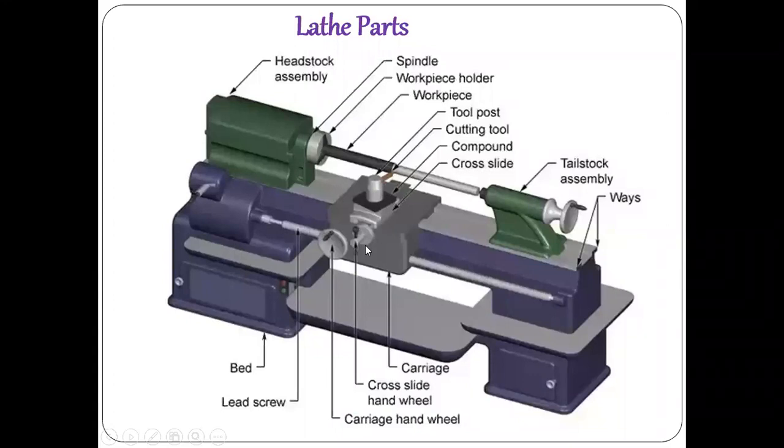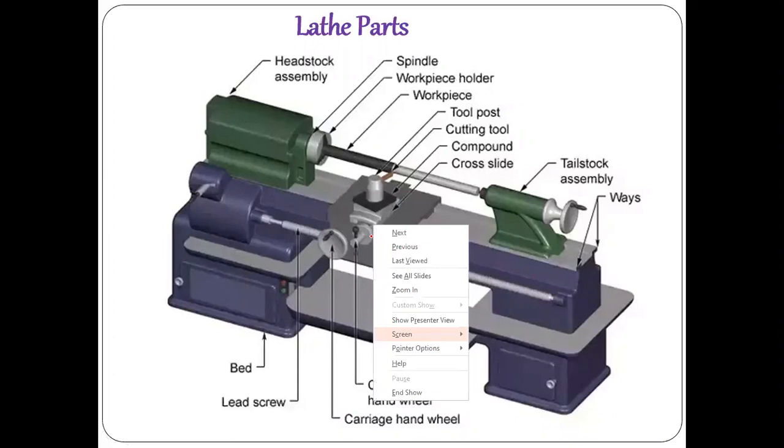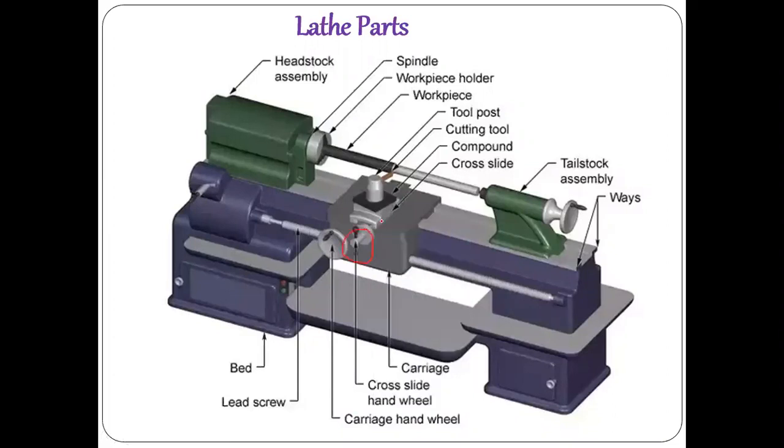The cross slide consists of a handle. By rotating this handle, maybe I can take a pen here, this portion moves forward as well as backward. If you rotate in the clockwise direction, it moves forward; if anti-clockwise, it comes backward. The vice versa is also possible.